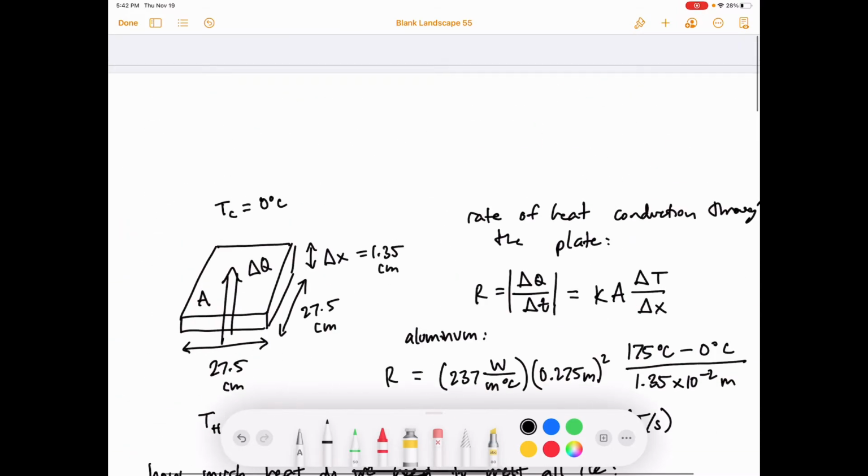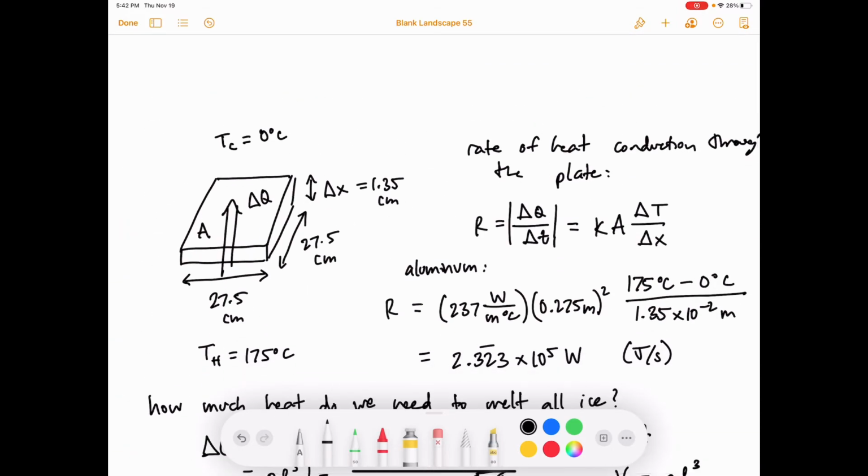Because here, let's go back to the top. R is equal to K times A times delta T over delta X.